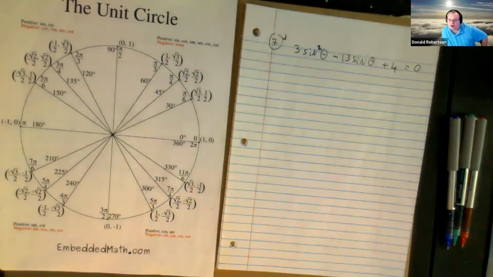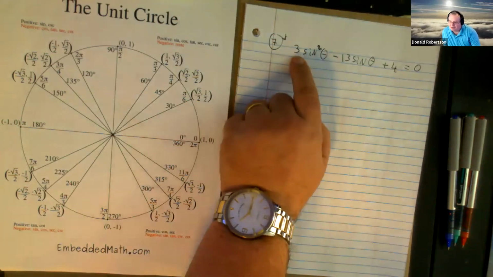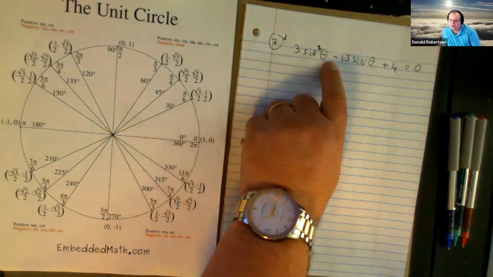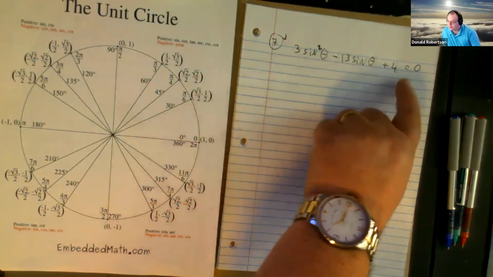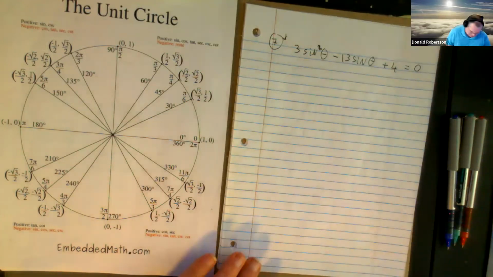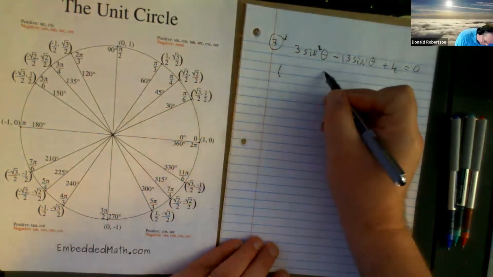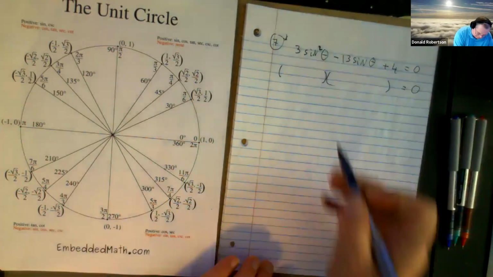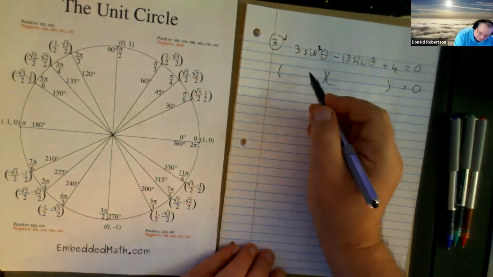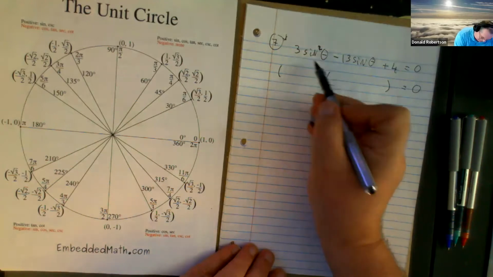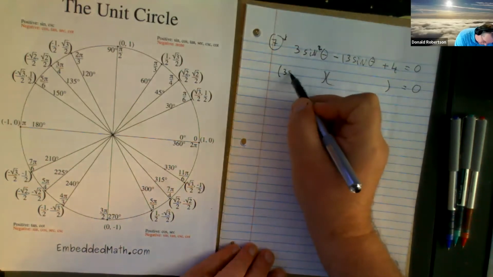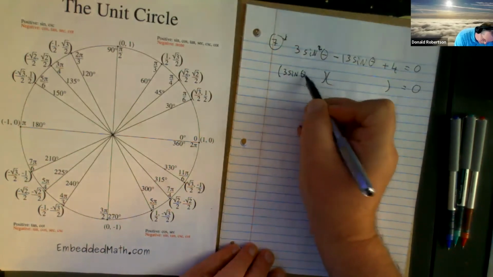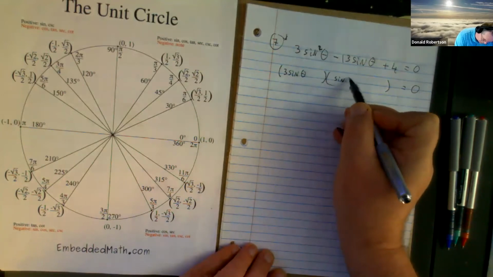This is a quadratic trig equation. It's like 3x squared, take away 13x, add 4, right? It's just the same kind of look. Mathematically, very similar to what I just said. Now, since this is 3 sine squared, I'm going to call it 3 sine theta and sine theta.